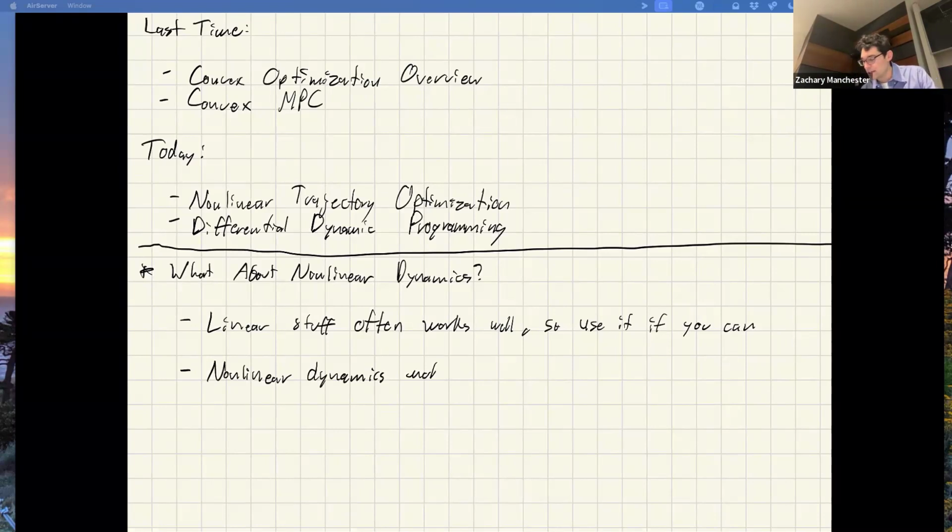It makes the MPC problem non-convex, and all the nice things we had before kind of go away. In particular, we can't really give super strong convergence guarantees or optimality guarantees as soon as we go this route. So that's a little scary.